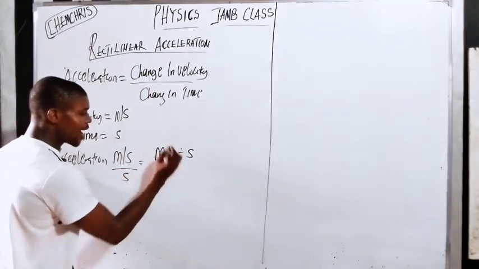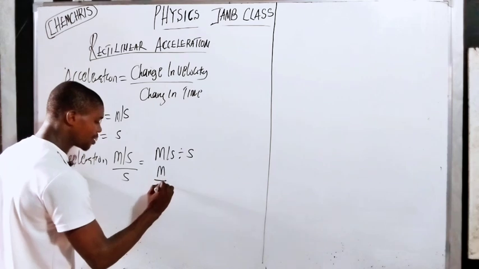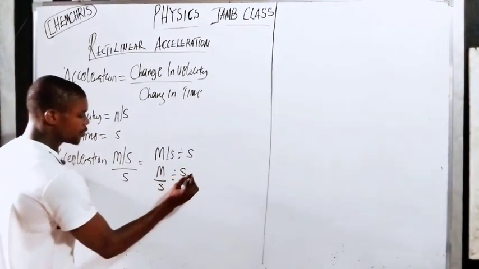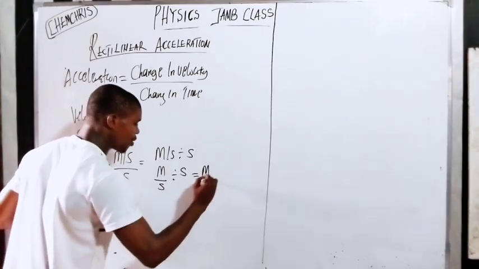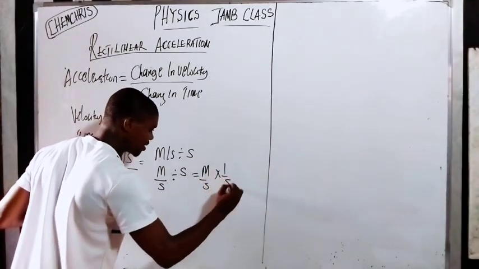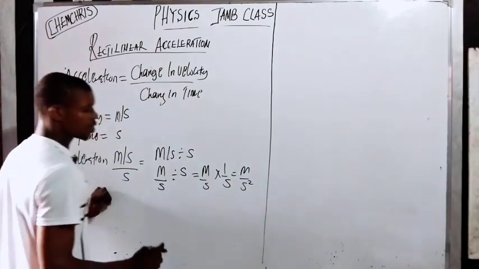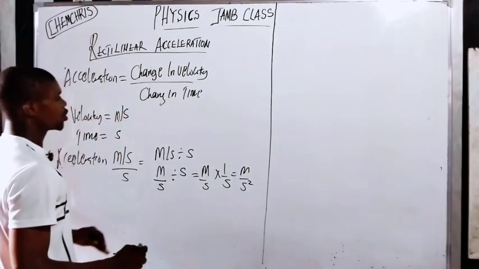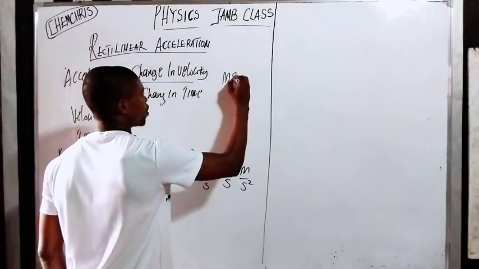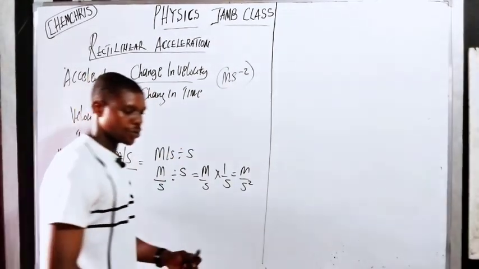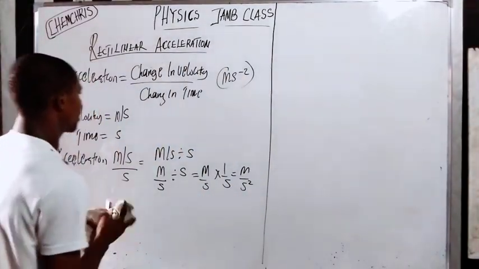If you change that to times, you're going to get meters over seconds times 1 over seconds. So it's going to be meters over seconds squared. So the unit of acceleration is meters per second squared. Very important. This is what you need to understand there.